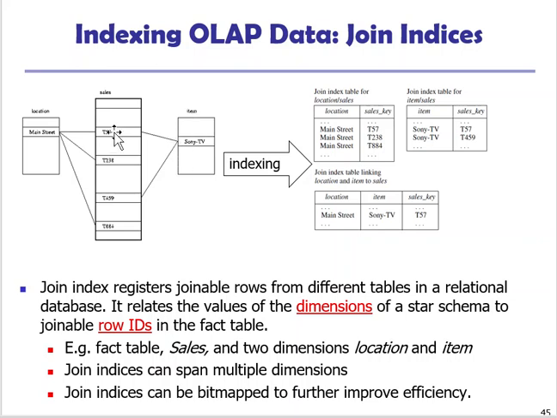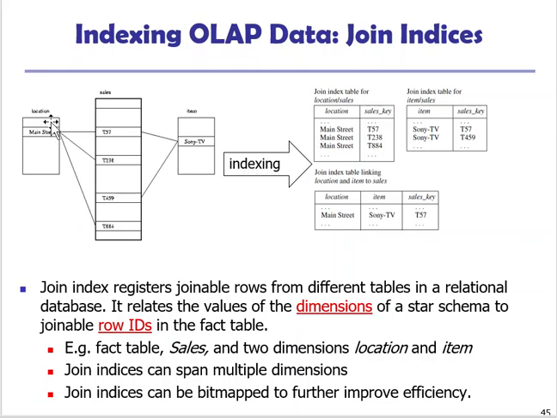Now the IDs already match, but we want to map the values. We want this join index to relate the values from the dimensions in the star schema to the joinable rows in the fact table. So from this example, what kind of index can we create?